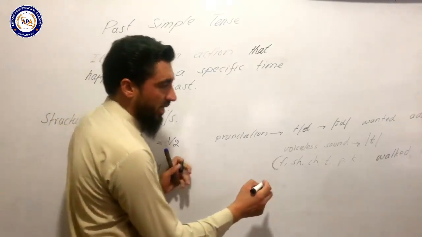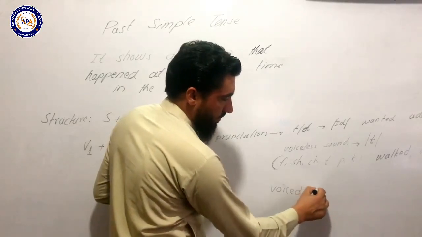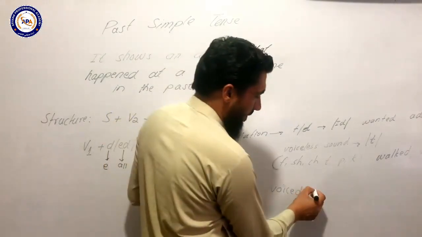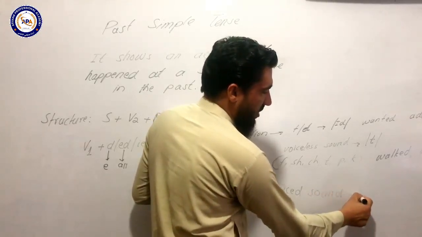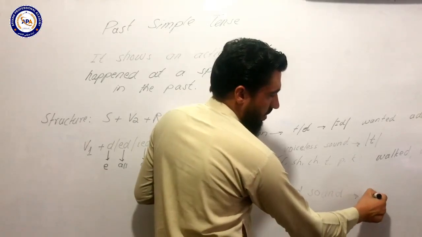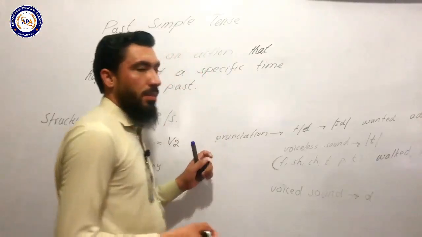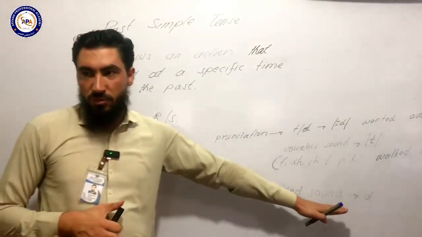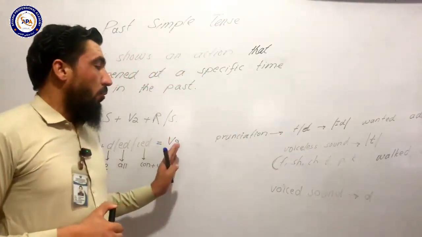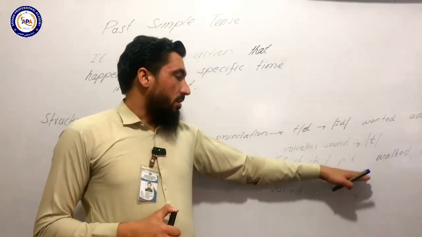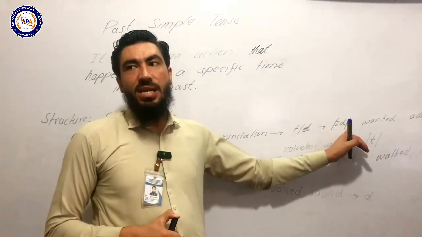And the third pronunciation is when a verb ends in a voiced sound. The pronunciation is D. And all the rest of the sounds except these are voiced sounds. So normally at the end of a verb, when we add D, ED or IED, we pronounce it as D. But in these sounds, we pronounce it as T. And in this, we pronounce it as id.